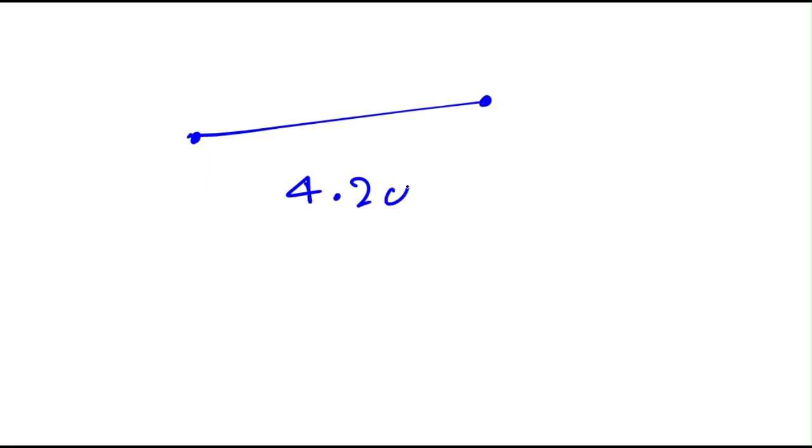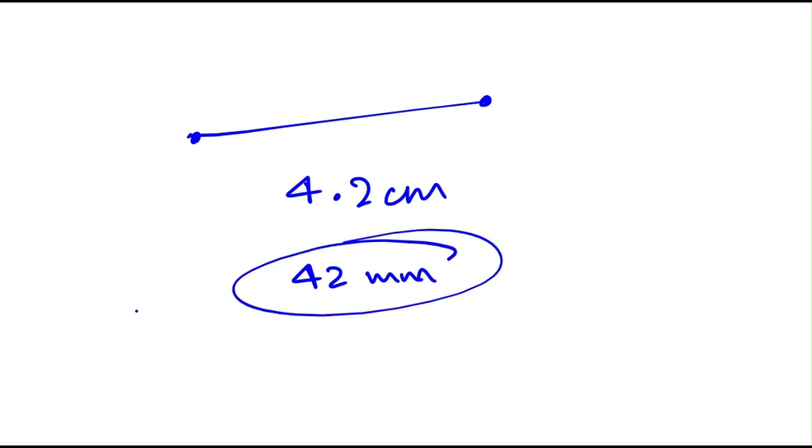Once we have measured the length of this line segment, we report the value, let's say 4.2 centimeters. Now, if we change the unit, let's say 42 millimeters, we have not changed the actual instrument we used to measure the length. So if we are not changing the instrument while changing the reported value in different units, it means we have the same precision no matter in which unit we represent this value.